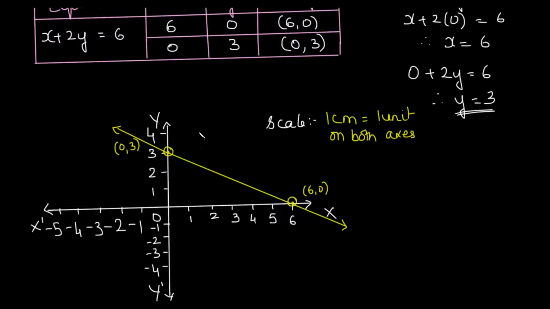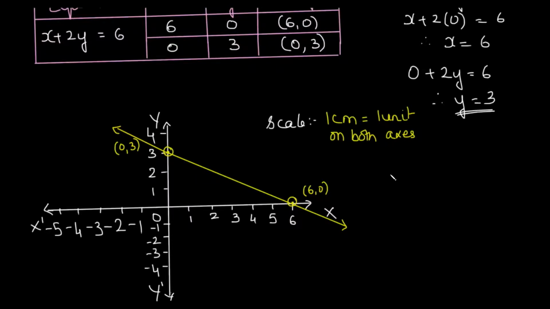Now, to find the feasible region, because remember it is an inequality, not an equality. The question is x plus 2y less than or equal to 6. So, as I've told you in the previous lecture, we take the origin as a test point.